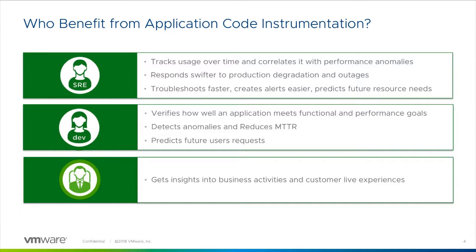And finally, business people, because you can have business metrics, and the most useful metrics are actually custom metrics that are unique for your business. So when you get that information, business analysts can look at how the user is using your product, what he's doing with it, and how they can improve.